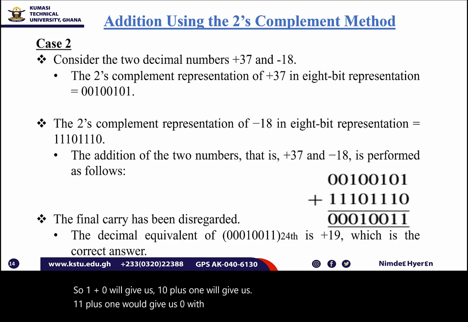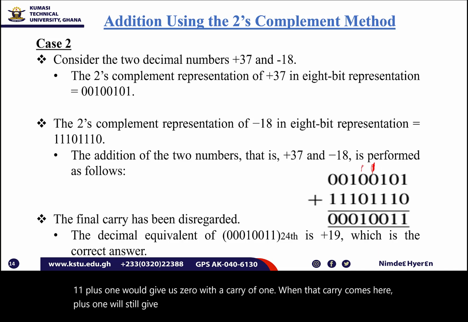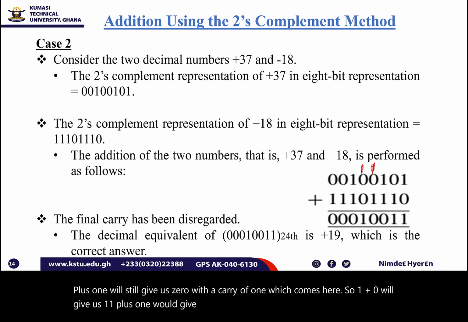When that carry comes here, plus 1 will still give us 0 with a carry of 1, which comes here. So 1 plus 0 will give us 1. 1 plus 1 would give us 0 with a carry of 1, which comes here.